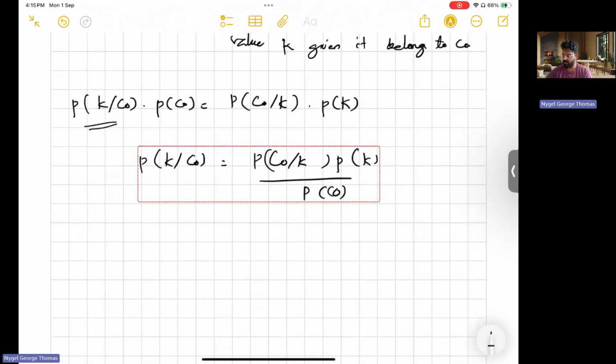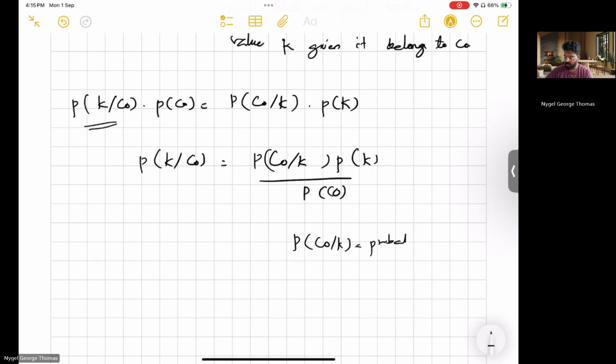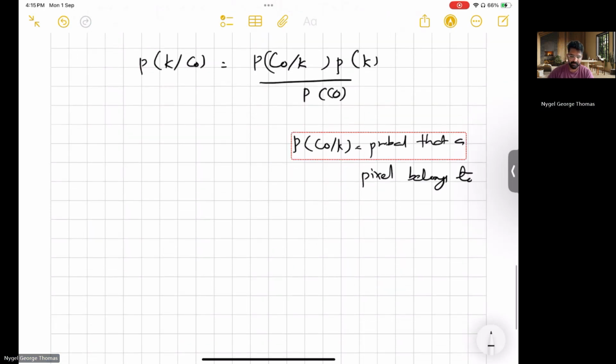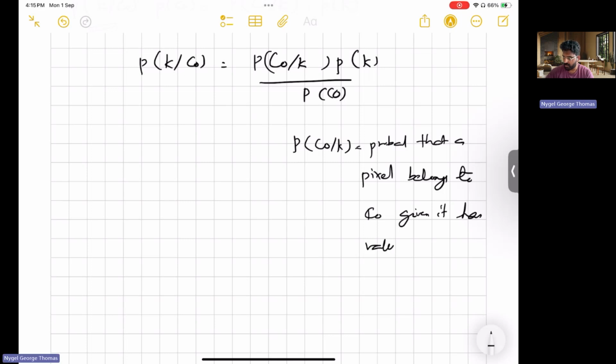But what is P of C0 given k? This means the probability that a pixel belongs to C0 given it has value k.